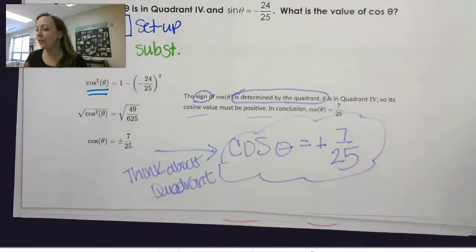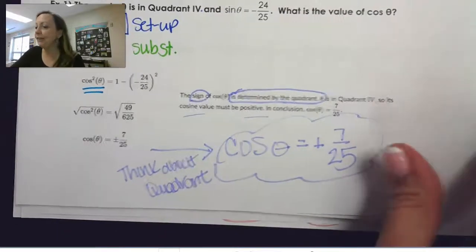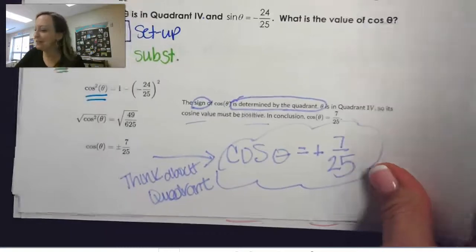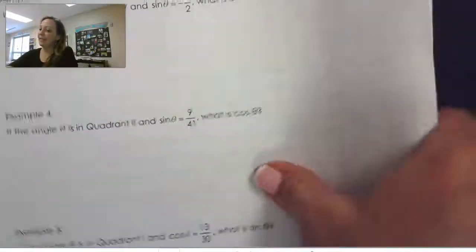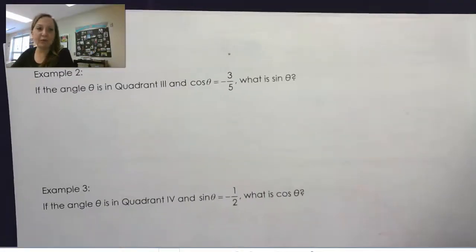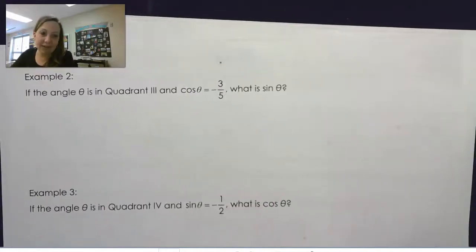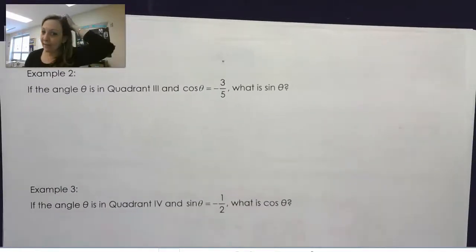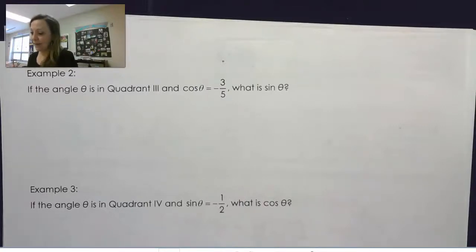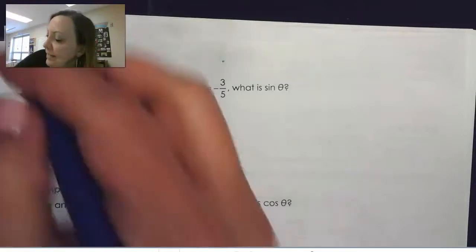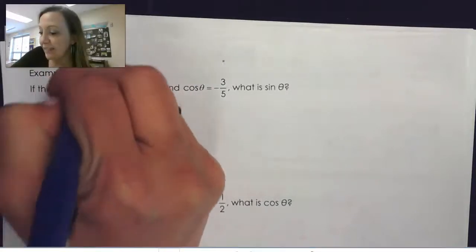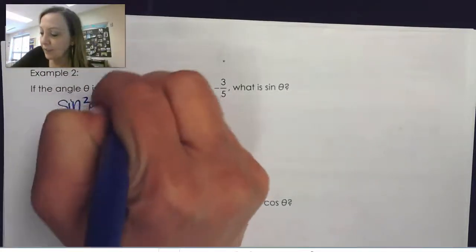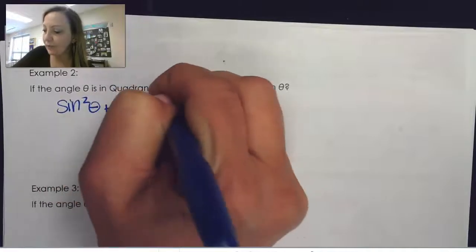Okay, so we have a worked out example there. Let's try a couple examples on our own, okay? So example 2, which we have to do work for, says if the angle theta is in quadrant 3 and cosine theta is -3/5, what is the sine of theta? Well, we know that in these questions, we're going to be using sine squared theta plus cosine squared theta equals 1.